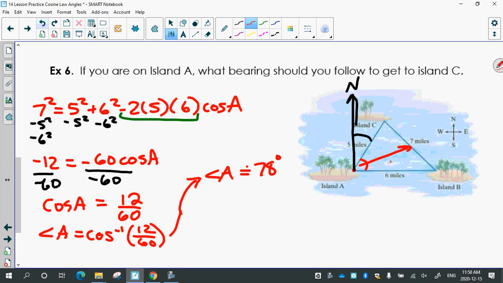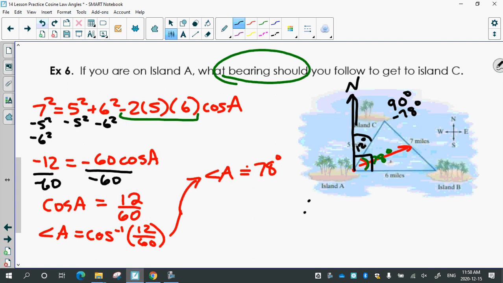So we just figured out that this angle here is 78 degrees. But how does that help me tell the bearing that you should go? Subtract from 90 because this whole quadrant is worth 90. So 90 minus 78 is 12 degrees. Fits in there. Does that make sense?